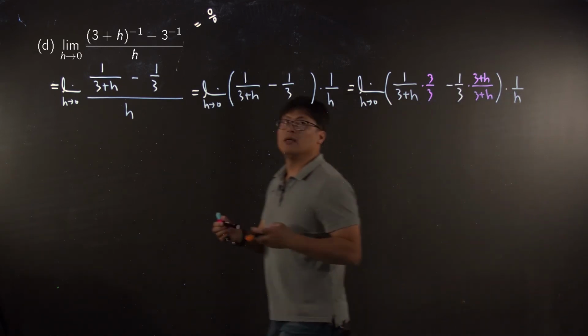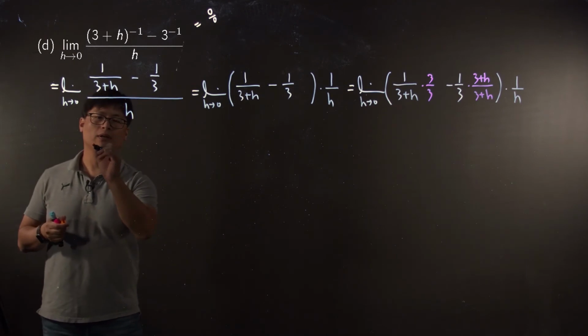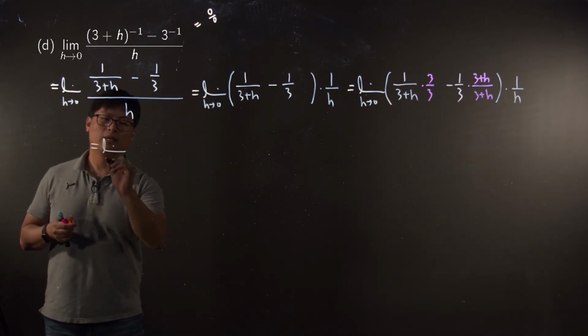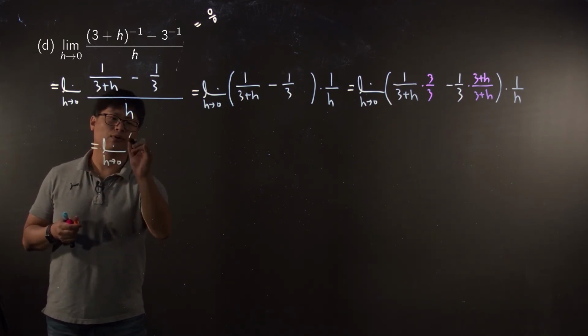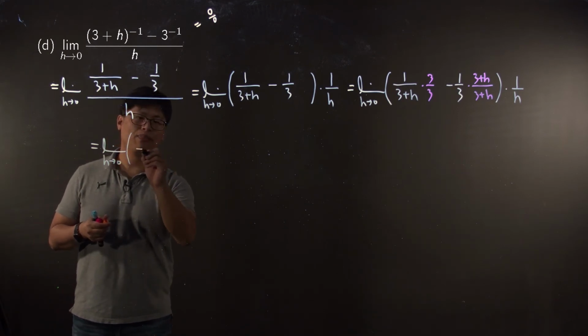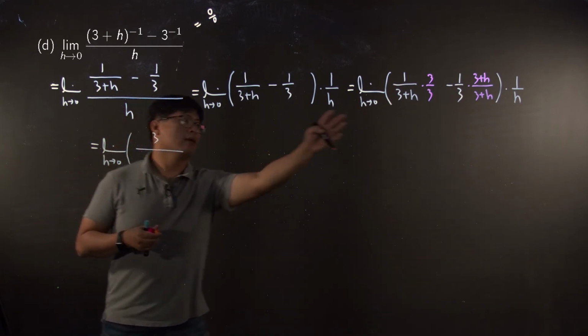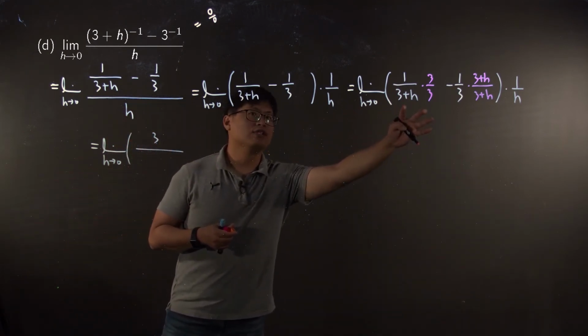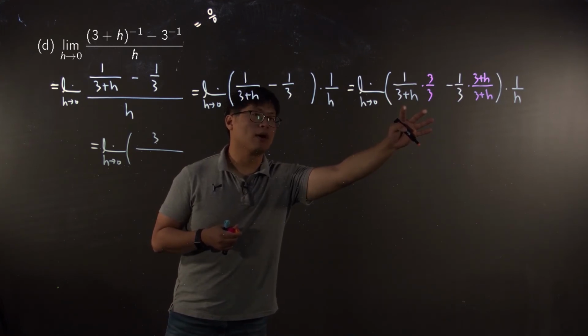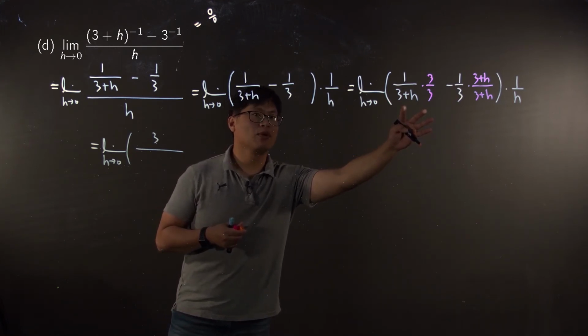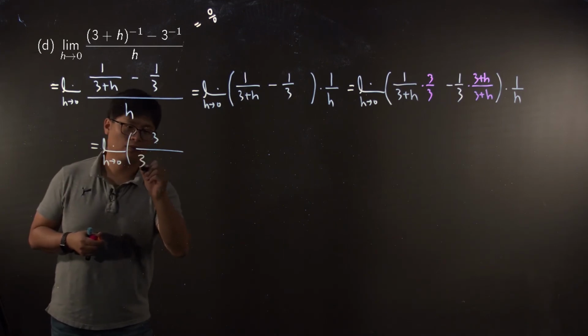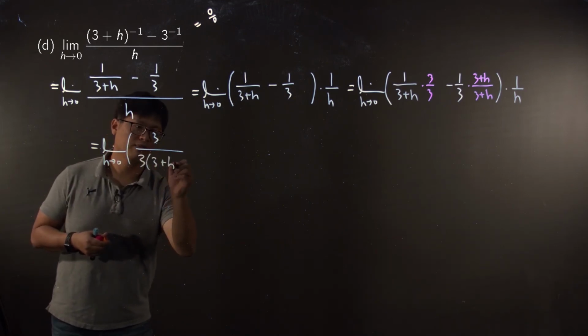Let's do it. Here we go. Equal to limit h goes to 0. In the parentheses, it will be 3 over, okay, again, we are not going to distribute this, okay? We're going to write it as 3 times 3 plus h with the parentheses, okay?